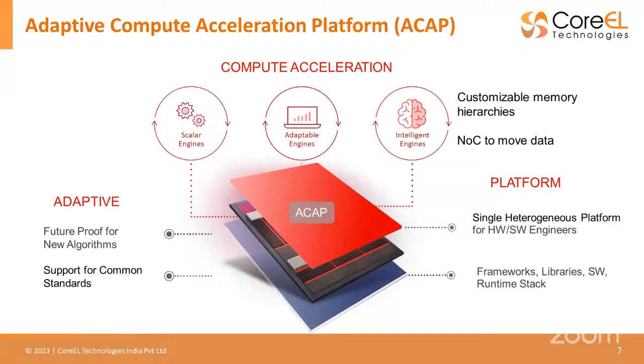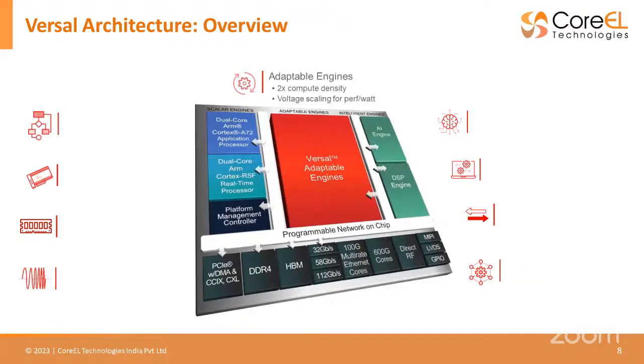They're customized, so that is why they are called adaptable engines. And last but not least, we have our intelligence engines, which are meant for the high computation of your data. So again, we have three separate segments: the scalar engines, the adaptable engines, and the intelligence engines.